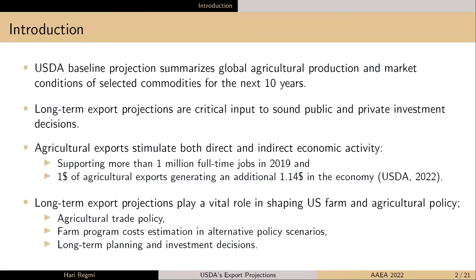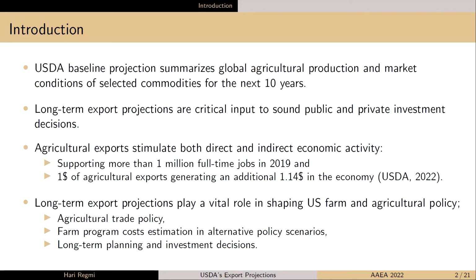So the USDA baseline projection summarizes US as well as global agricultural production, demand, supply, export, import, and aggregate measures of the US farm economy for the next 10 years. And this long-term export projection is one of the important series of USDA projections, which is important for business investment and long-term planning perspectives.